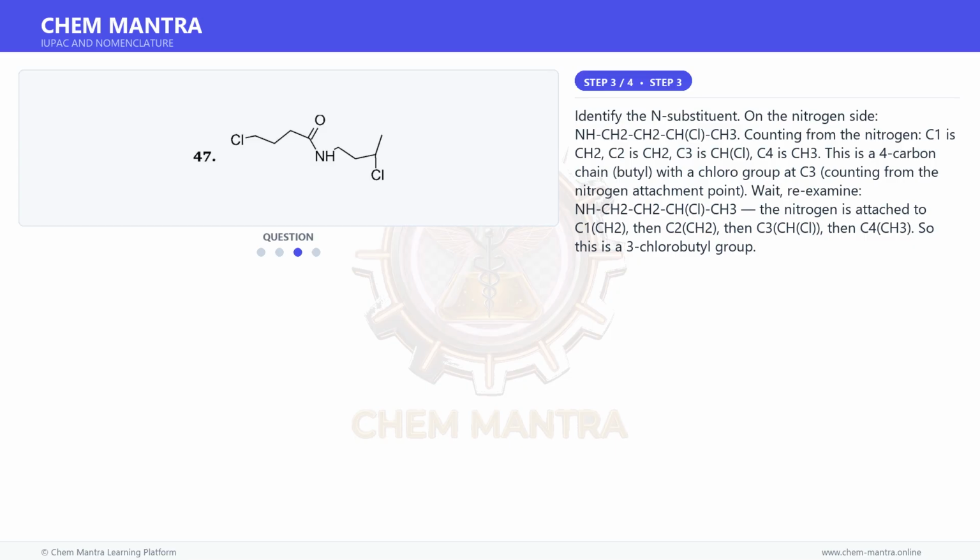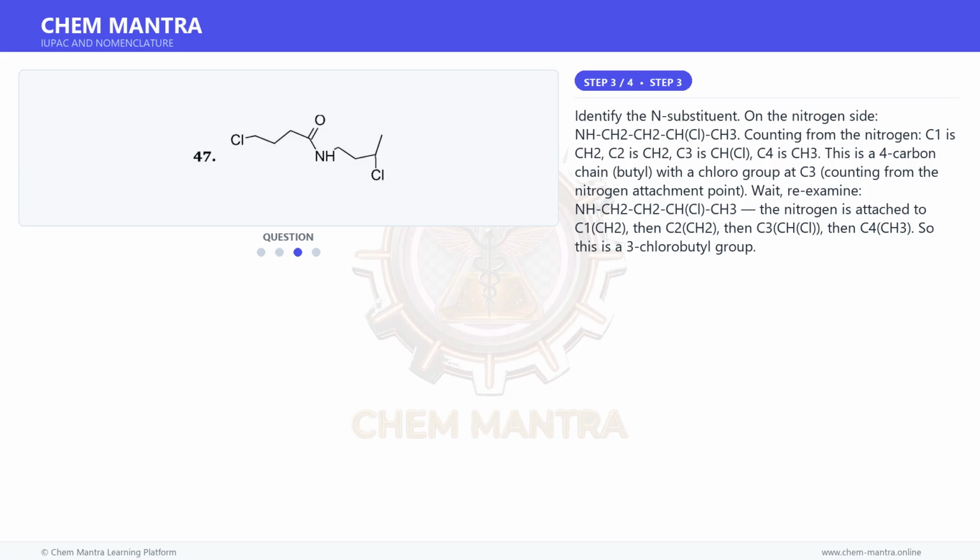Identify the N substituent. On the nitrogen side, NH, CH2, CH2, CH, Cl, CH3. Counting from the nitrogen, C1 is CH2, C2 is CH2, C3 is CH, Cl, C4 is CH3. This is a 4-carbon chain, butyl, with a chloro group at C3, counting from the nitrogen attachment point.